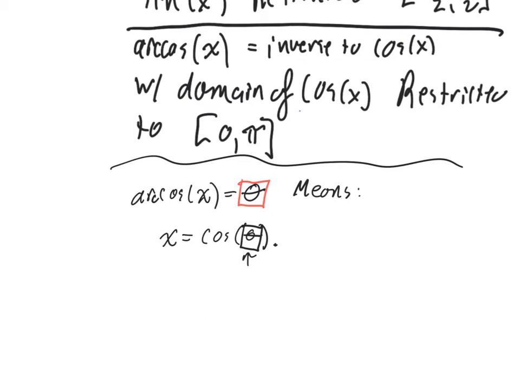So that'll be the same as the domain of cosine after you restrict the domain. So that angle theta has to be in 0 to pi. And of course, theta being in 0 to pi means the same thing as 0 is less than or equal to theta is less than or equal to pi.